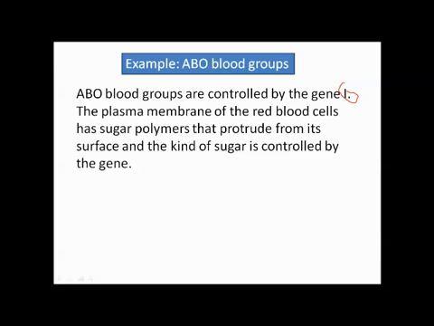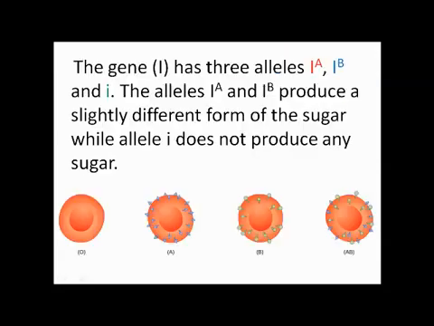The plasma membrane of RBCs has sugar polymers that protrude from its surface, and the kind of sugar is controlled by this gene I. So these are the four different blood groups that are due to the differences in the gene I.